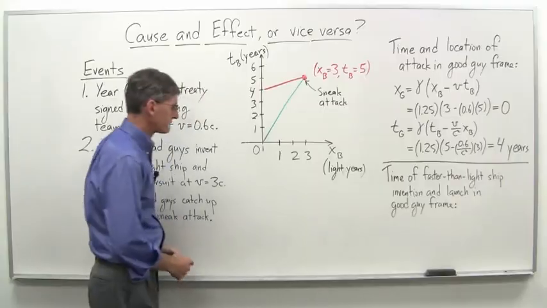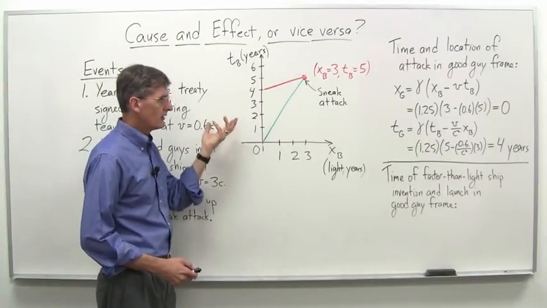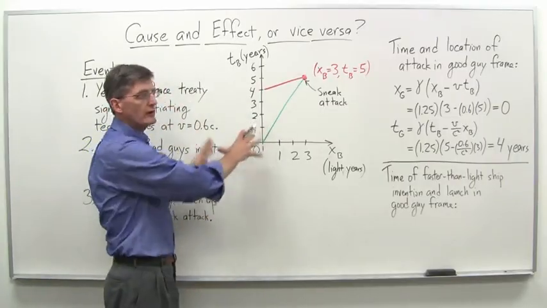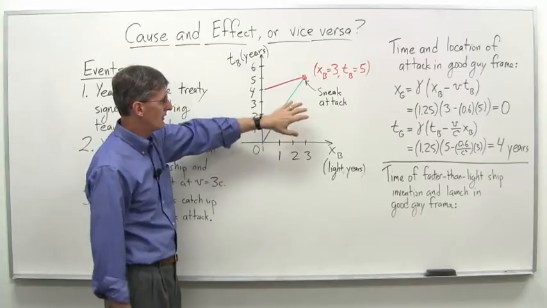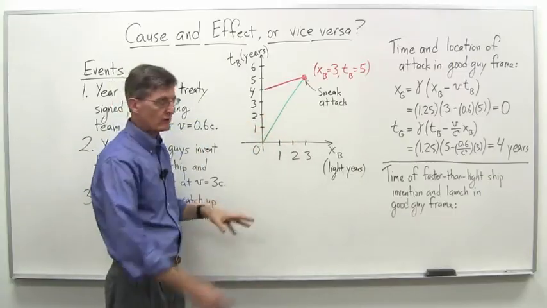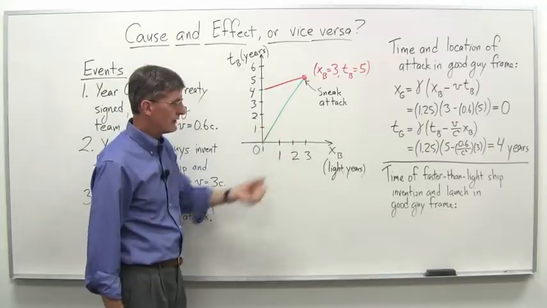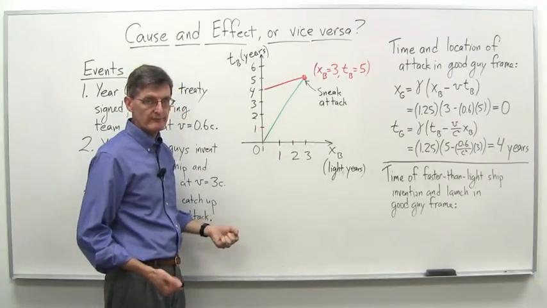Okay? So in the good guy's frame of reference, which we're not showing on this plot, we could put it on here, but we're not going to get too complicated in terms of the plot that's going on, we see their clocks read 4 years at that point.